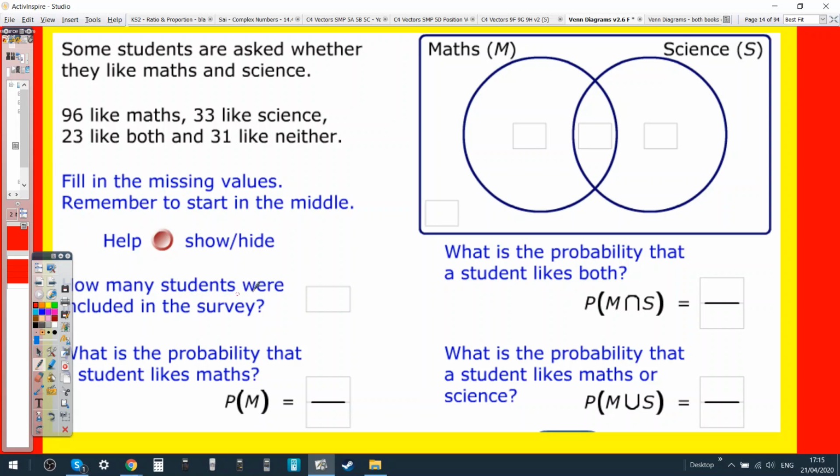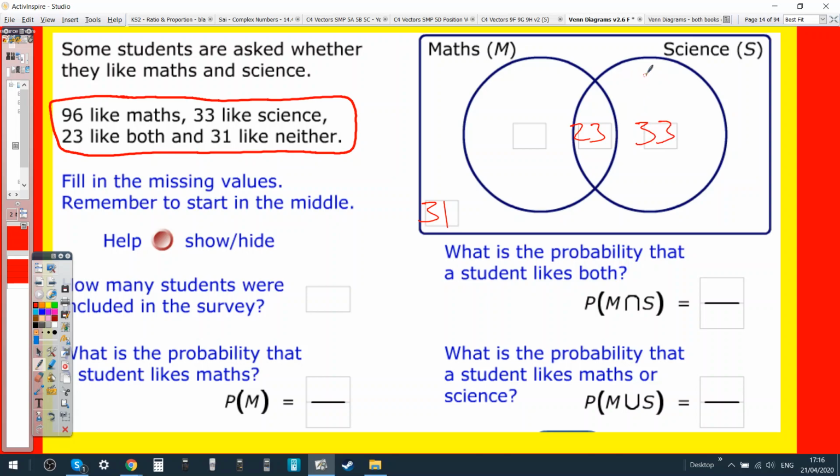Just the first one. Just put this information into the diagram. Very good. And so, how many people like science according to our diagram?